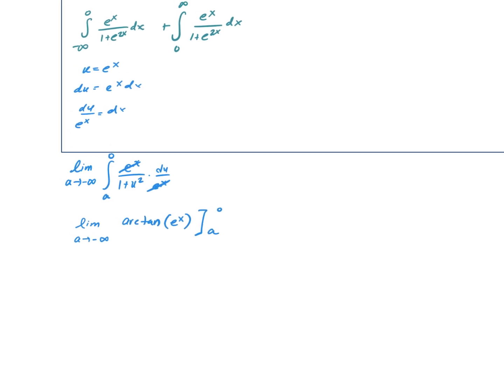I plug in my bounds, so I've got the limit as a goes to negative infinity, arctan of e to the 0 minus arctan of e to the a. Arctan e to the 0, this is 1. Arctan of 1 is pi over 4.